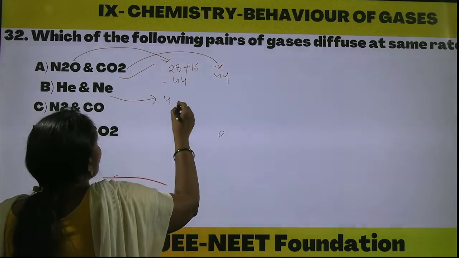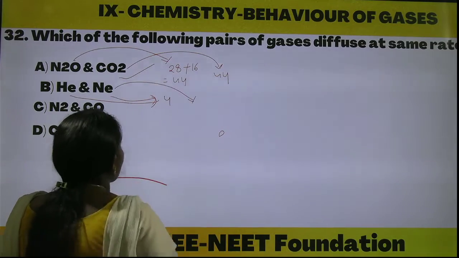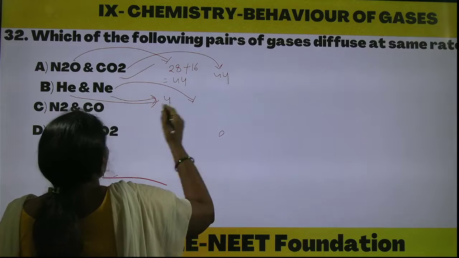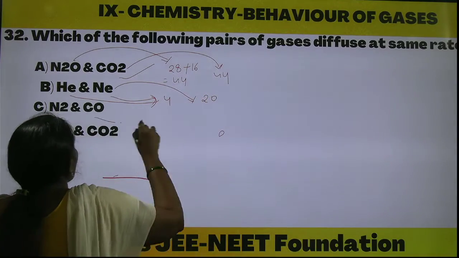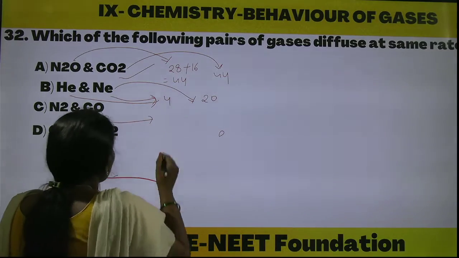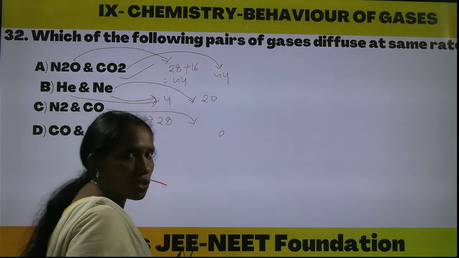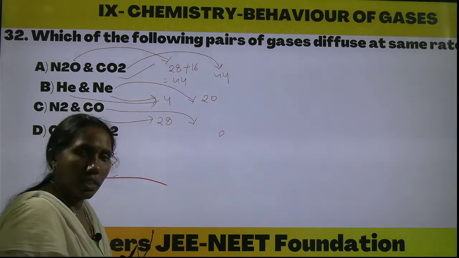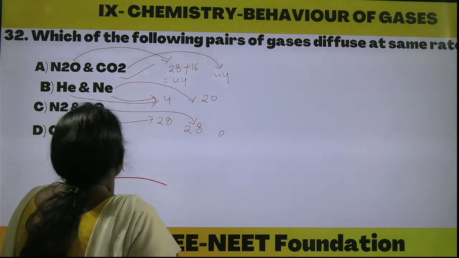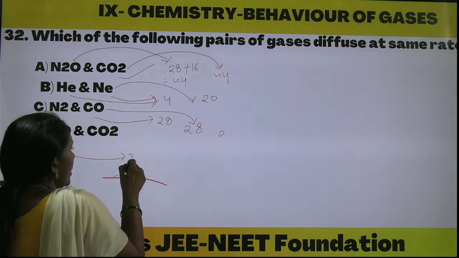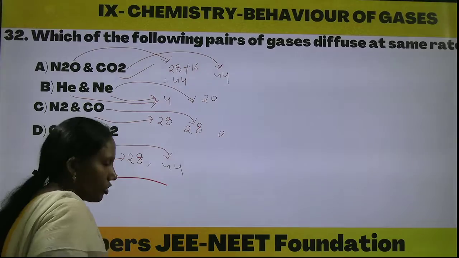Helium is 4 and neon is 20. Now nitrogen is 28, and carbon monoxide, for 1 carbon it is 12 and for 1 oxygen it is 16, so 12 plus 16 is 28. Carbon monoxide is 28 and carbon dioxide is 44.